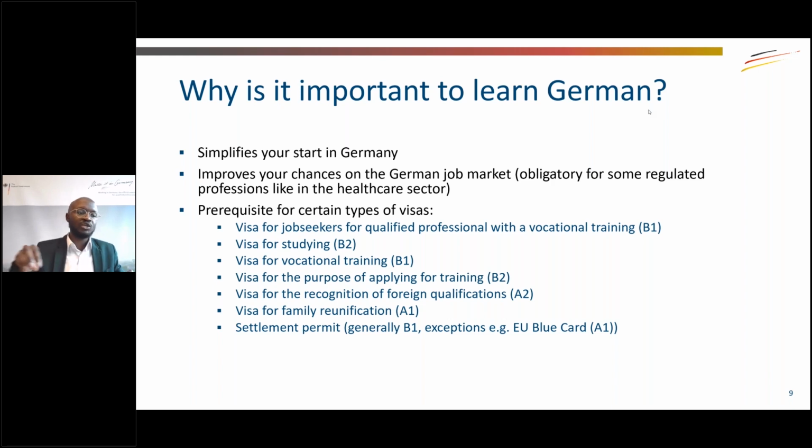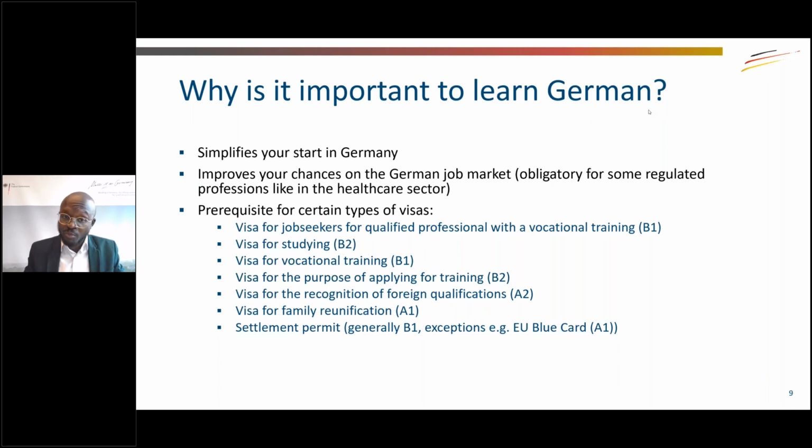You might be required to provide proof of the language skills required for your study program to the German embassy. For example, if you want to do a master's in English, of course you don't need to provide German B1. If you want a visa for vocational training, you will also have to prove B1 in German.